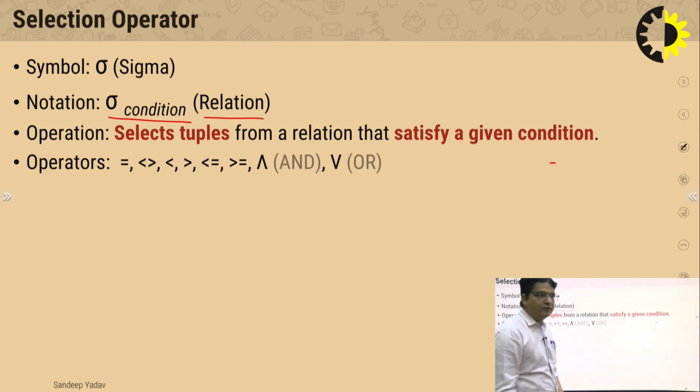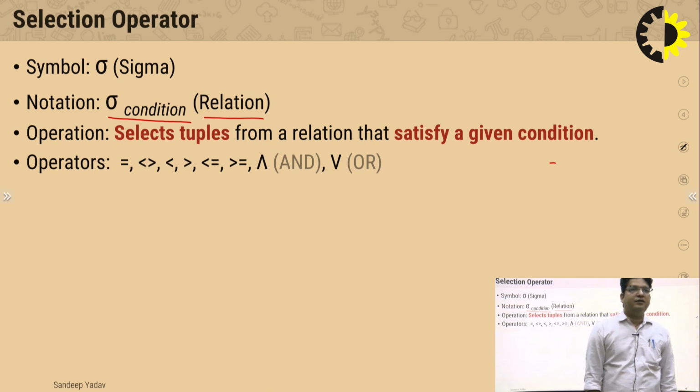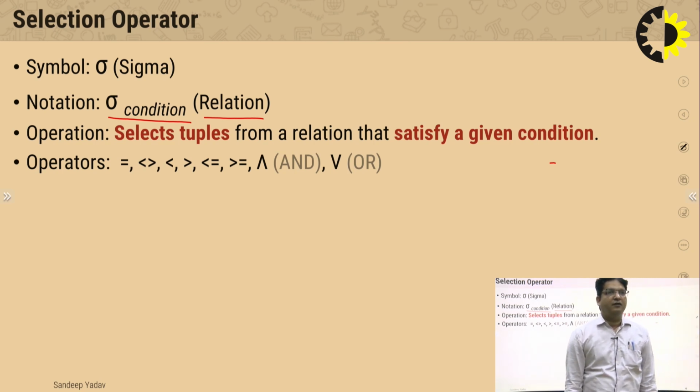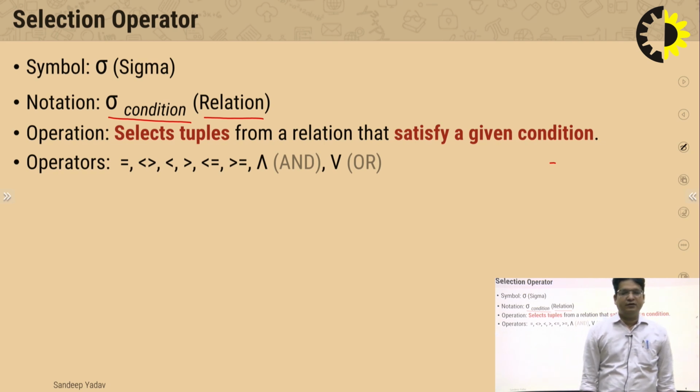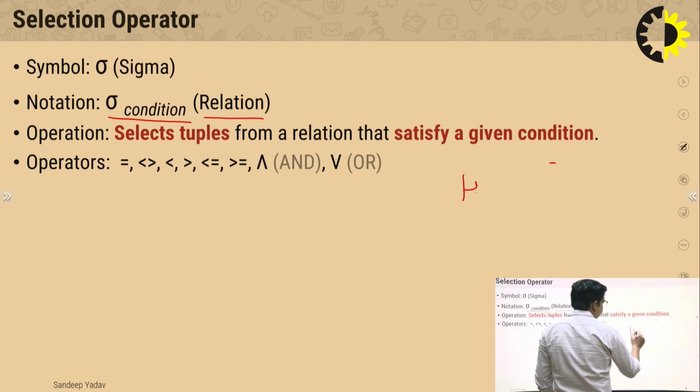This selection operation is used to select those tuples from a relation that satisfy a condition. There may be one condition or more than one condition, up to n conditions are possible. Using this operation we perform horizontal partitioning.